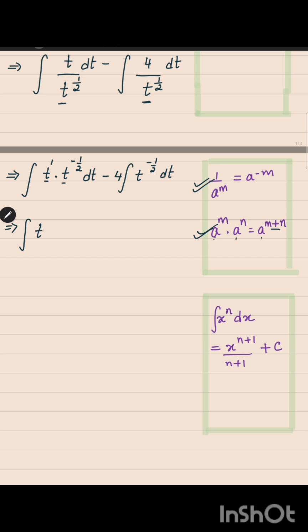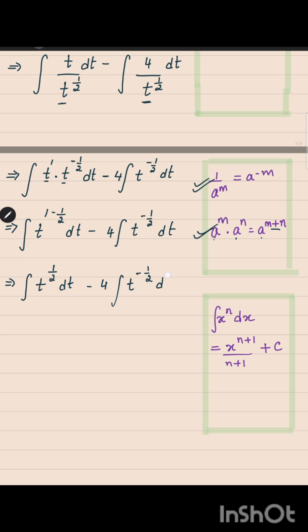So we will write t to the power 1 minus 1 by 2 with respect to t, minus 4 into integral of t to the power minus 1 by 2 with respect to t. Now 1 minus 1 by 2 is 1 by 2, so we have integral of t to the power 1 by 2 minus 4 into t to the power minus 1 by 2 with respect to t. So now both the terms are ready. We can do the integration.